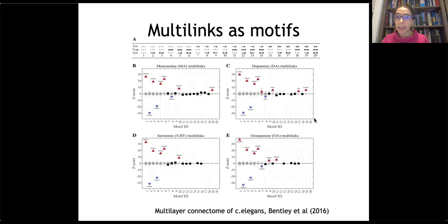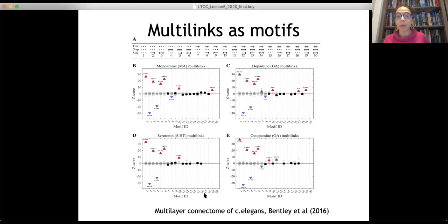So these multilinks can be considered as motifs. So in a network, you can count how many multilinks you have among the nodes of your multiplex network, and count this number and its significance with respect to a null model. And in this way, you can extract information from the multiplex network structure.